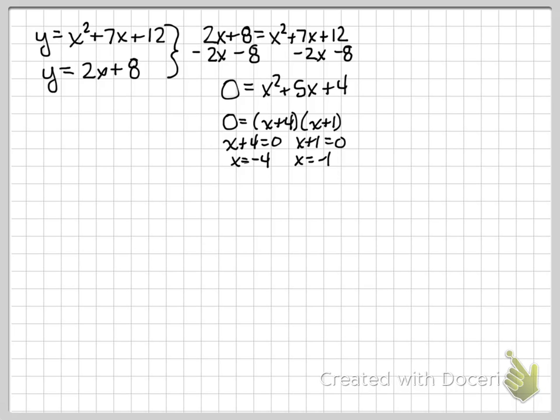So way back in the very beginning, I am talking about these two equations. And all you do is pick one. Well, the easiest one would be to work with the 2x plus 8. So I'm going to put each value into that equation.